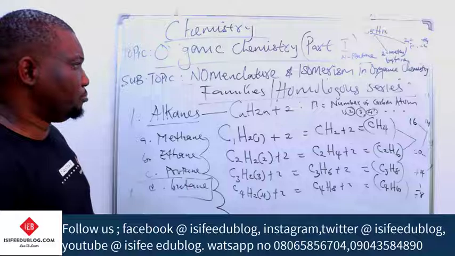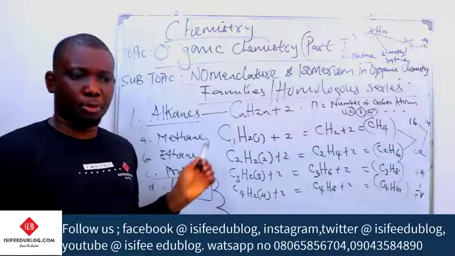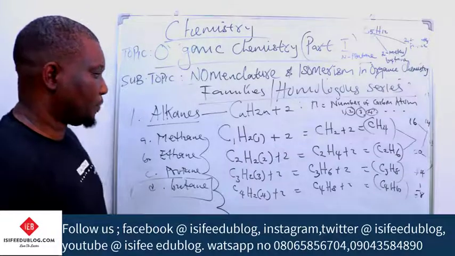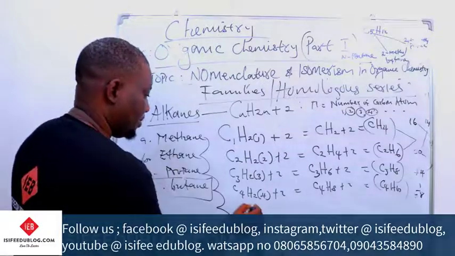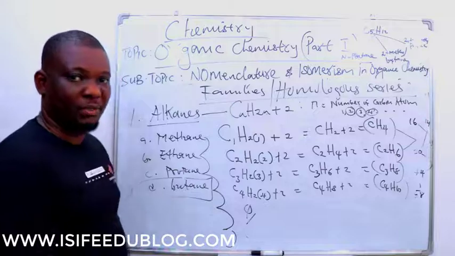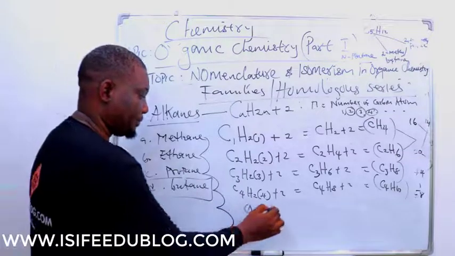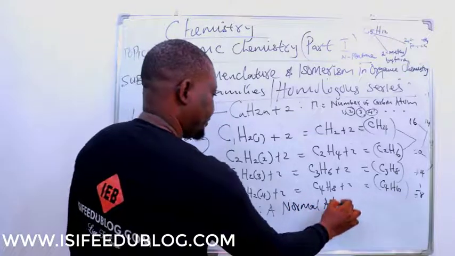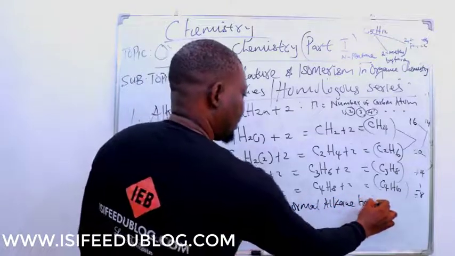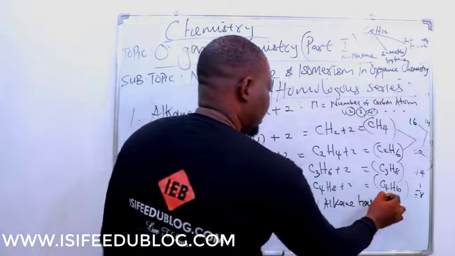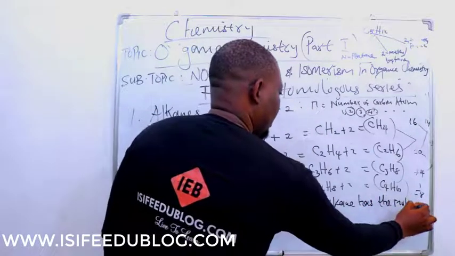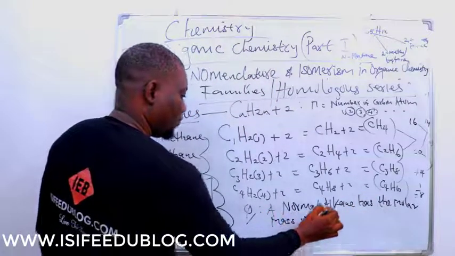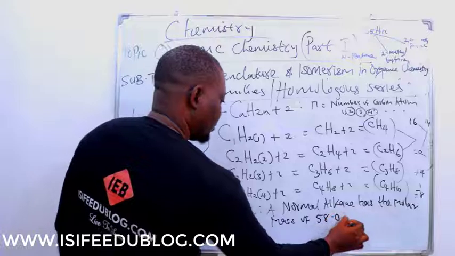Okay, I would like us to look at this problem and see how to tackle it. A question may arise. Let me put it as a question. You can pause the video and answer it. A normal alkane has a molar mass of 58.0 gram.